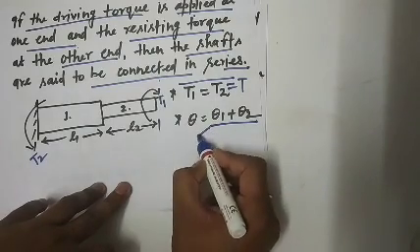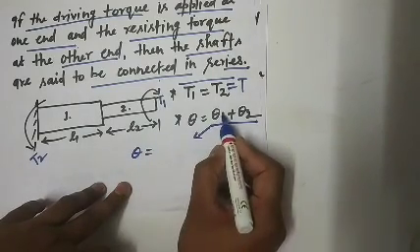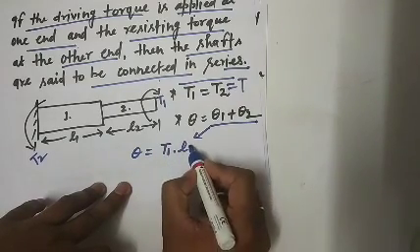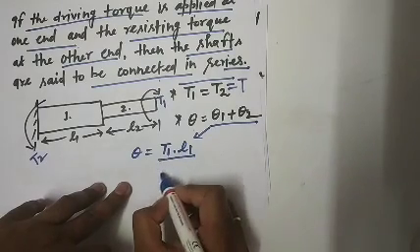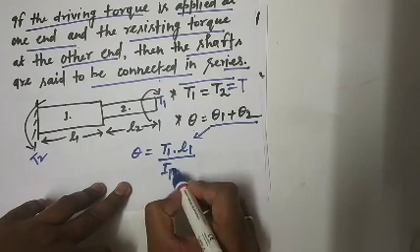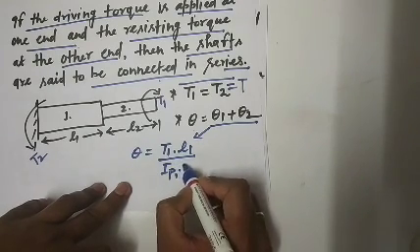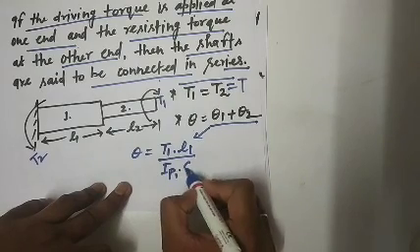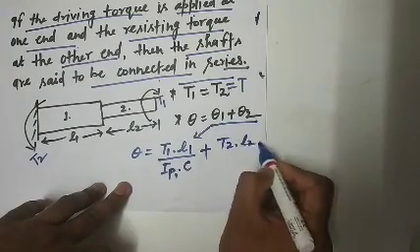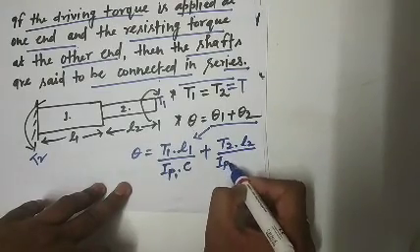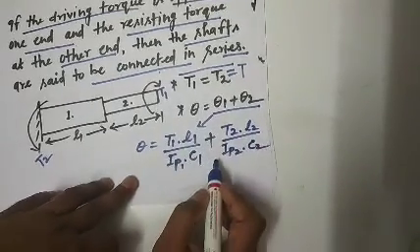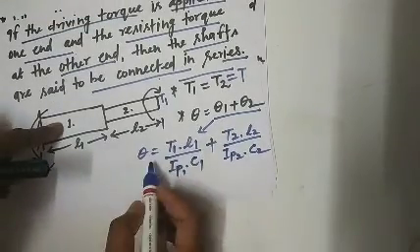This equation can be further rewritten as theta equal to T1 L1 upon IP1 C1 plus T2 L2 upon IP2 C2.